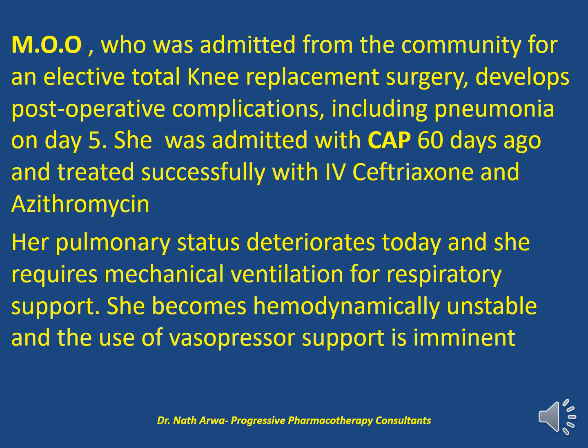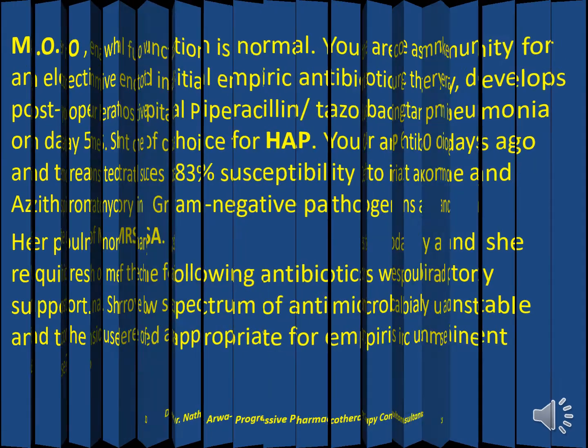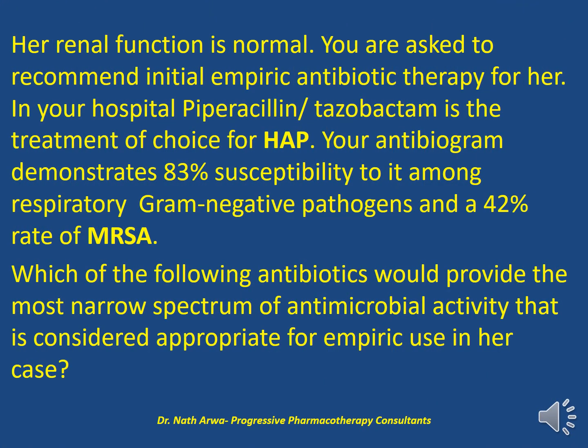Her pulmonary status deteriorates today and she requires mechanical ventilation for respiratory support. She becomes hemodynamically unstable and the use of vasopressor support appears imminent. Her renal function is normal, and you are asked to recommend initial empiric antibiotic therapy for this patient.